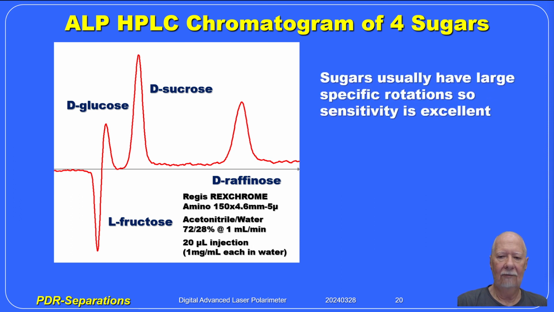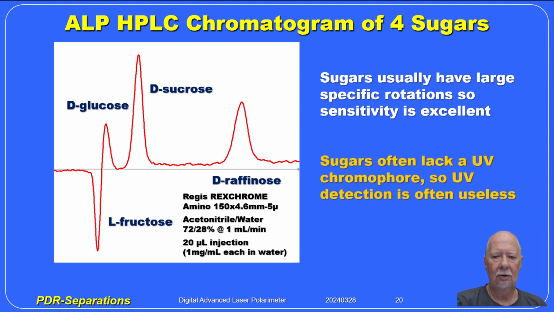Sugars usually have large specific rotations, so sensitivity is excellent. Sugars often lack a UV chromophore, so again, UV detection is often useless. Manufacturers of artificial sweeteners use Dalps for quality control and process monitoring.